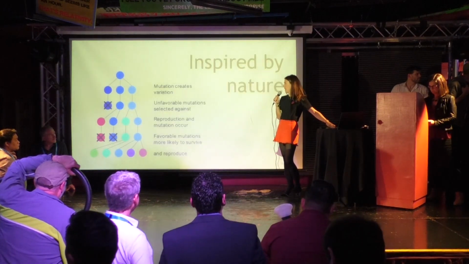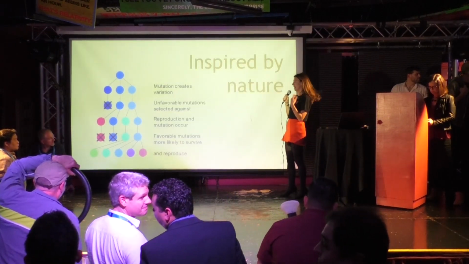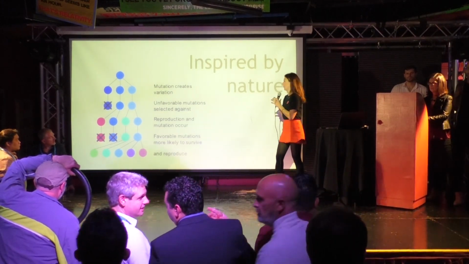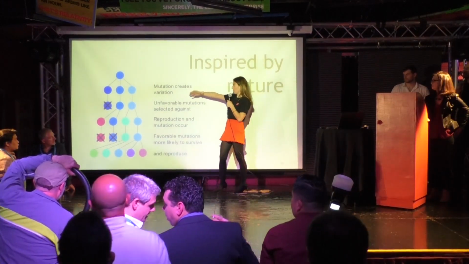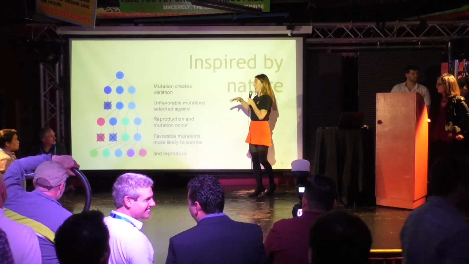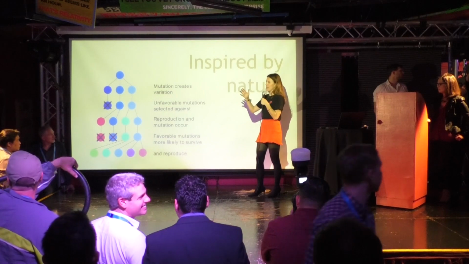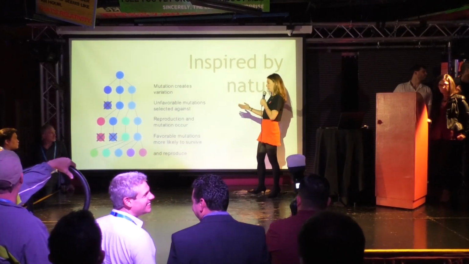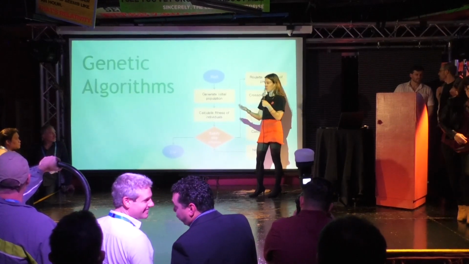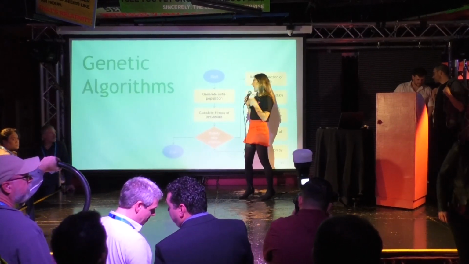The cool thing about them is they mimic the natural processes of evolution. Just like in nature, through mutation we get different variations of genes, and then through natural selection, those that don't perform well, those that aren't adapted well, get ruled out and the other ones prosper.